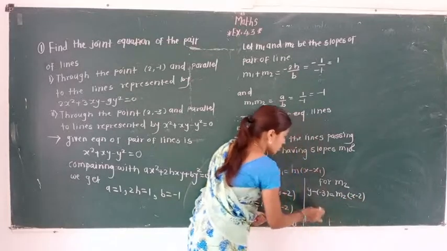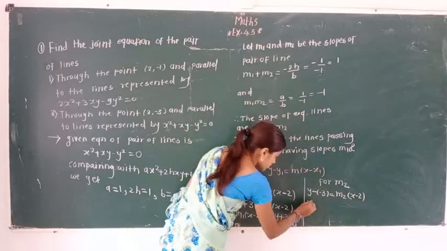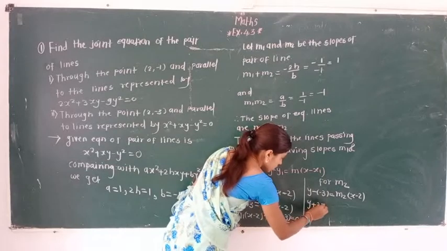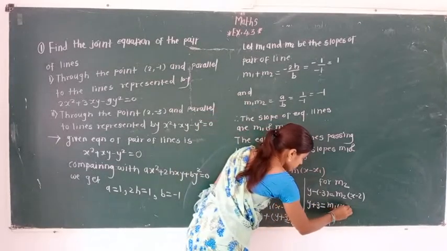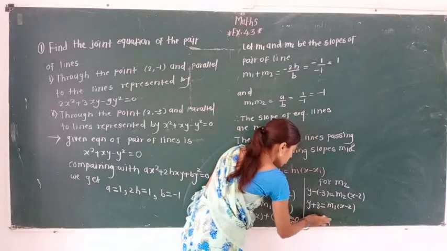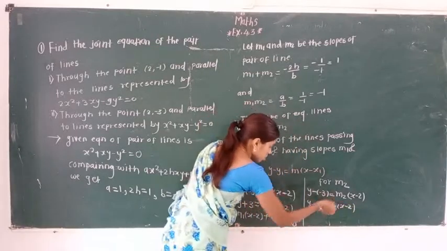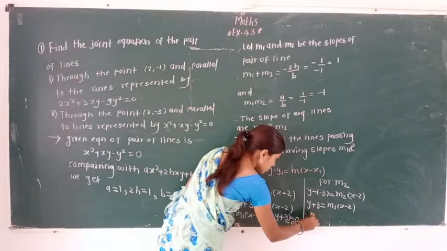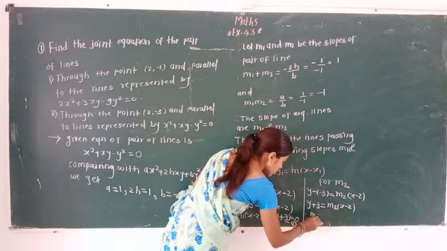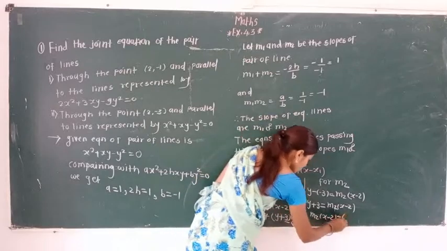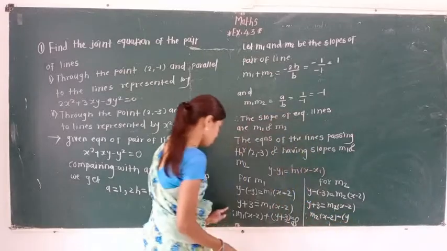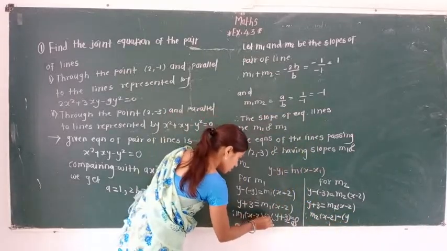Now simplify this equation: y plus 3 is equal to m2 in bracket x minus 2. Now take this term to the right hand side. We can write m2 in bracket x minus 2 minus y, here is the minus sign.